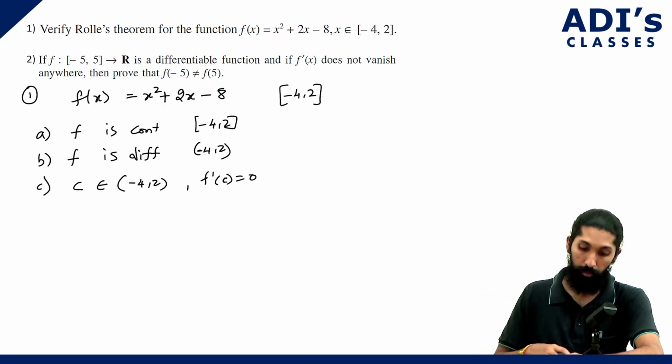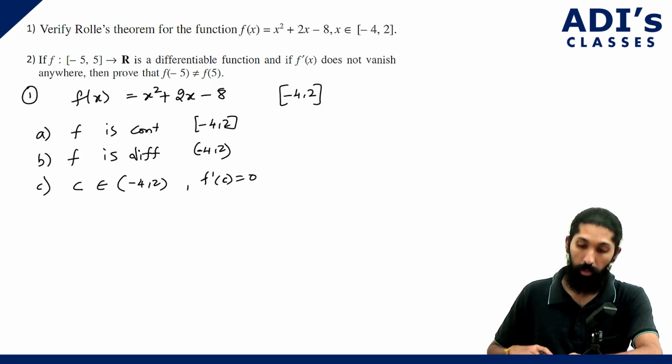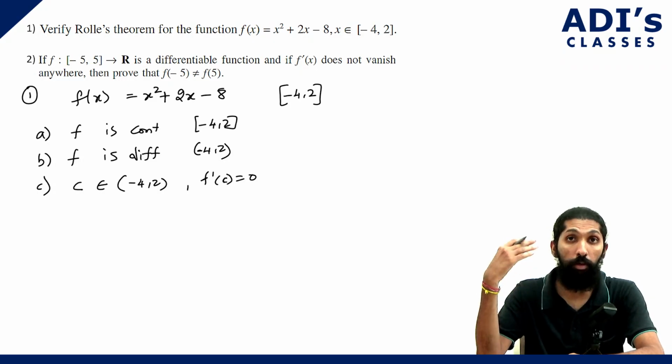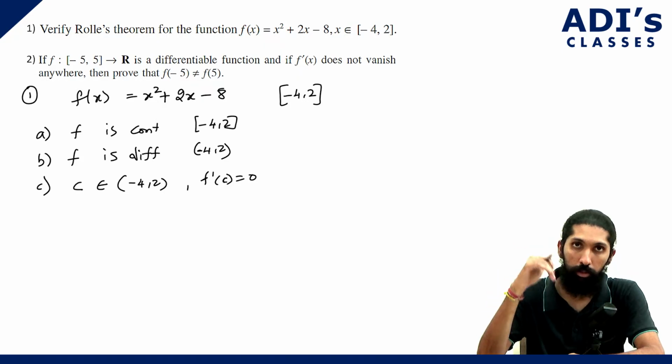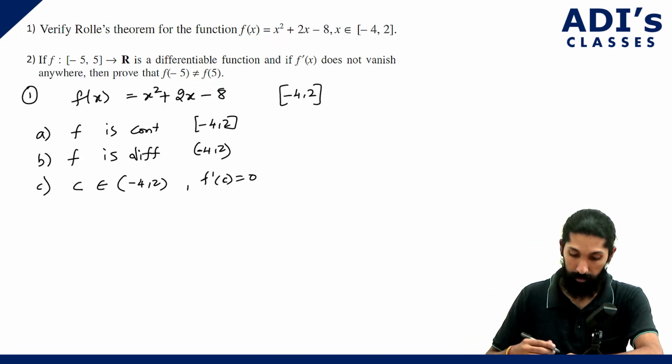So first we will show that it is continuous in [-4, 2]. Now it's a polynomial function, correct? Since it's a polynomial function, you know that all polynomial functions are continuous, isn't it? So the first part of it is done.